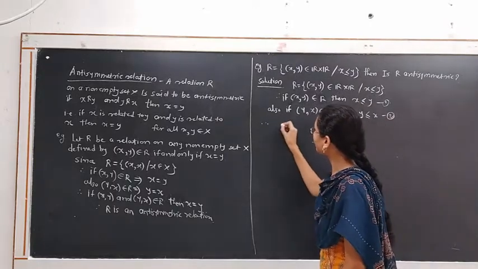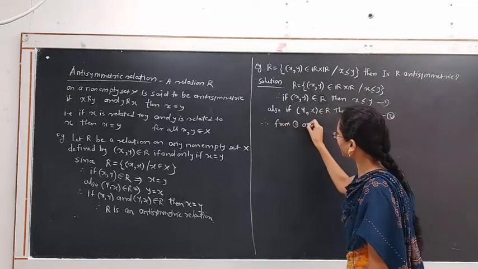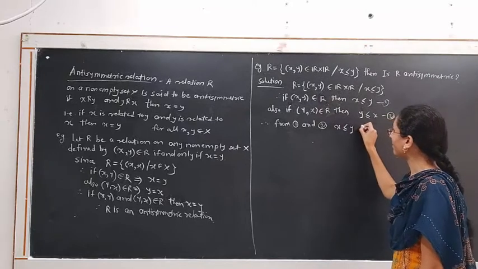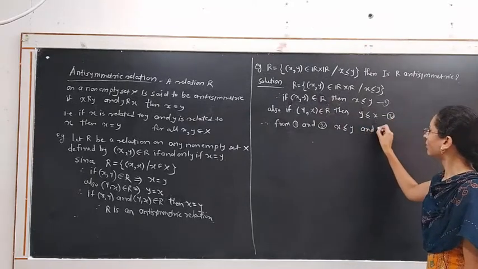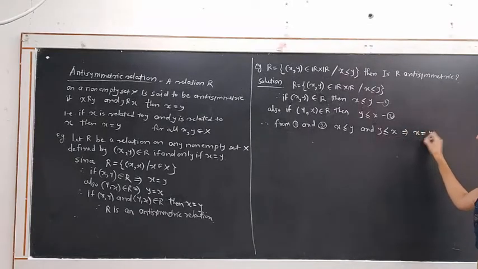Therefore, from first and second, x less than or equal to y and y less than or equal to x implies x is equal to y.